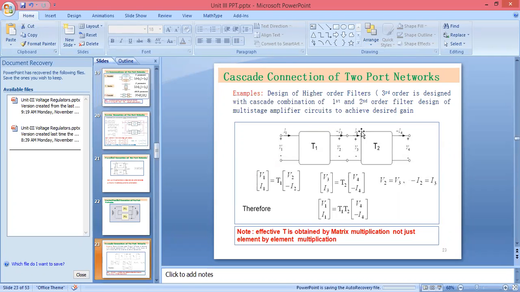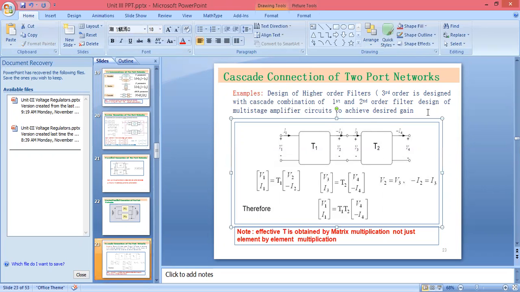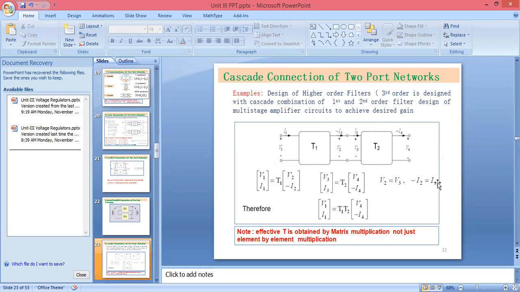If you are solving these equations, combining them, you will get V1, I1 equal to T1 T2 times V4, minus I4. And what we are saying here is V2 equal to V3, and minus I2 will be equal to I3, because I3 is incoming at this node, and for this port I2 is outgoing, that's why we are taking minus I2, and for this port I3 is incoming, so we are taking it as positive.